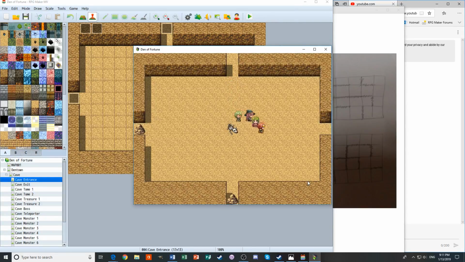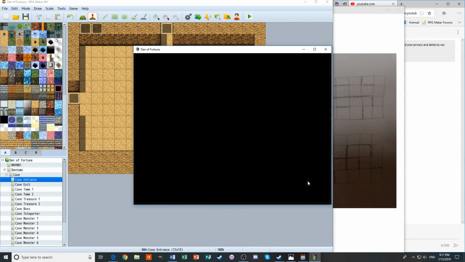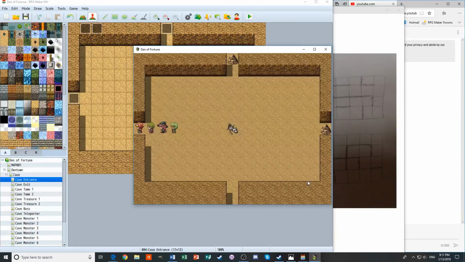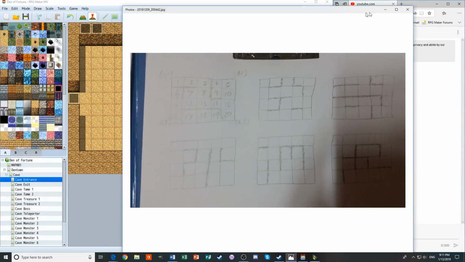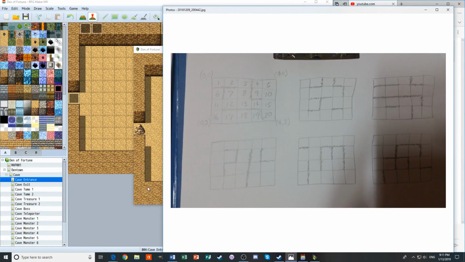Yeah, but anyway, this is just a different setup than we've had previously. Yeah, so you can probably tell by now that we are on layout 6 here.